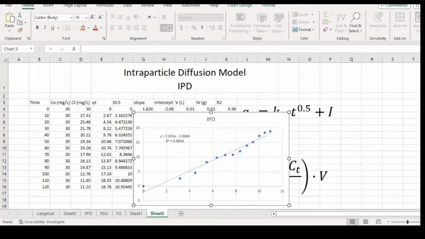Our y-axis is qt, milligram per gram, while on our x-axis is t to the power 0.5, in second to the power half, t half.